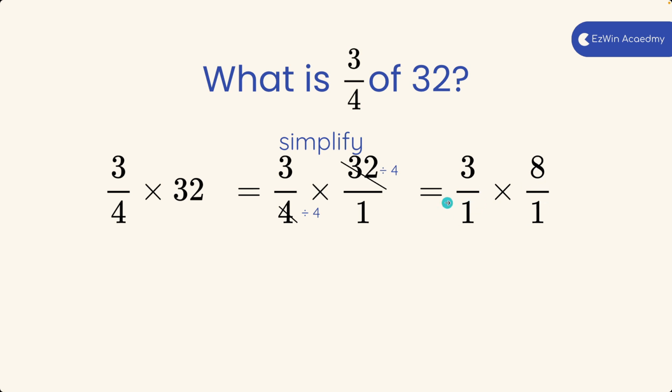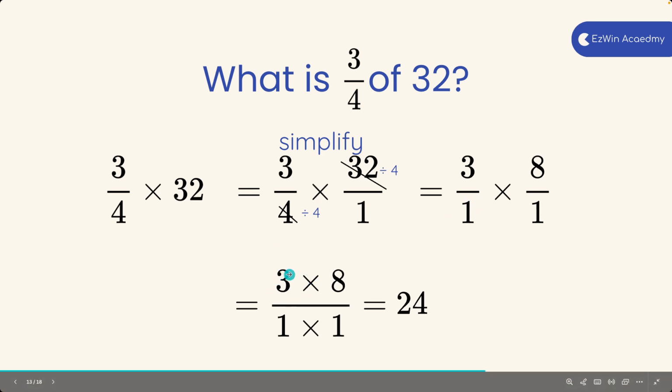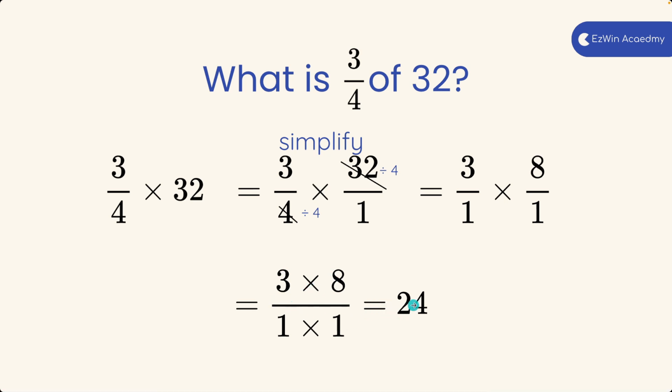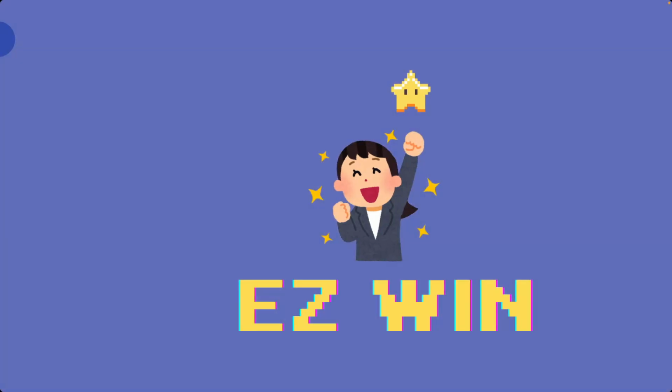Since both of the denominators are 1, it's pretty easy. We can simplify even further: you can have 3 multiplied by 8 out of 1 times 1, and this gives us 24. If you got 24, congratulations. Otherwise, no worries, you can just go through this video again. And that is an easy win.